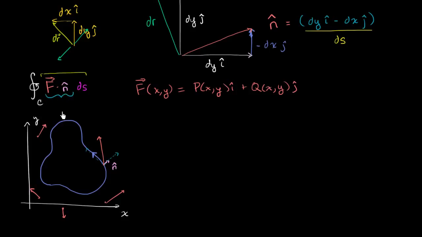This right over here is the magnitude of the component of f in the normal direction, or in the same direction as that unit normal vector. And then we're going to multiply that times a very infinitely small length of our contour, of our curve right around that point. So we're going to multiply that thing times this right over here.